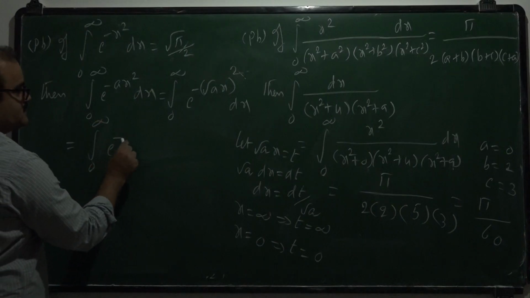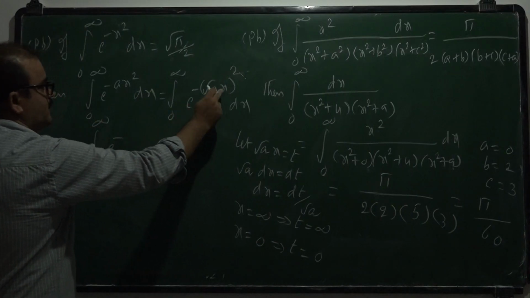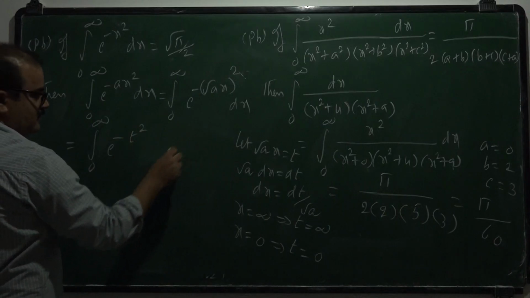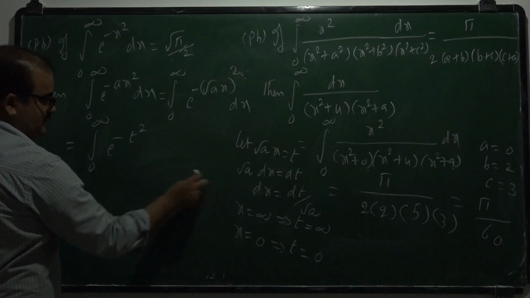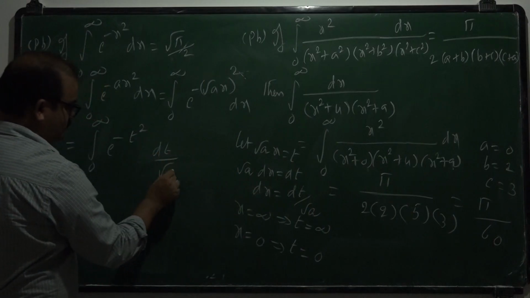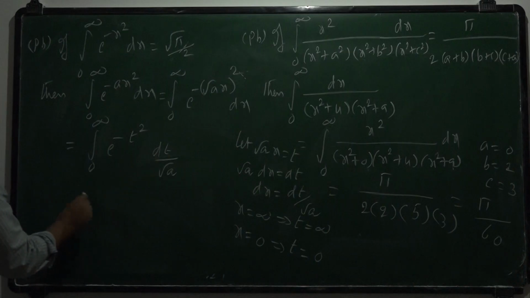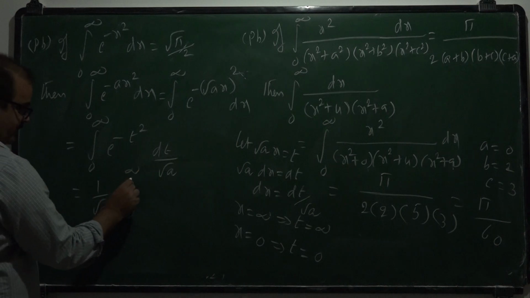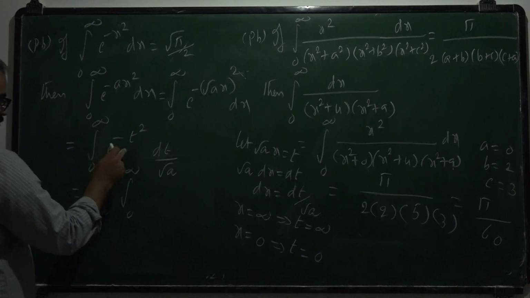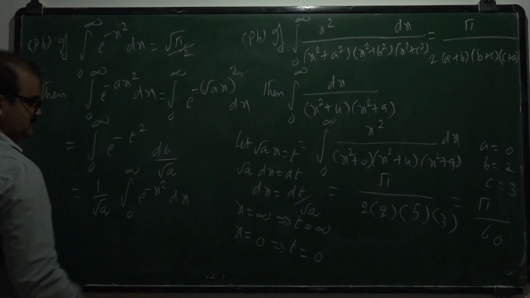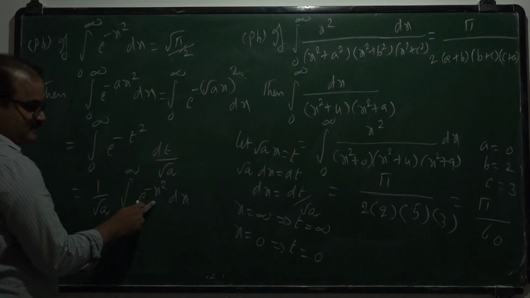Integral 0 to infinity, e power minus (root a x) is t, e power minus t square, dx is taken as dt by root a. Here 1 by root a is constant. Write this as e power minus x square dx, replacing t with x.